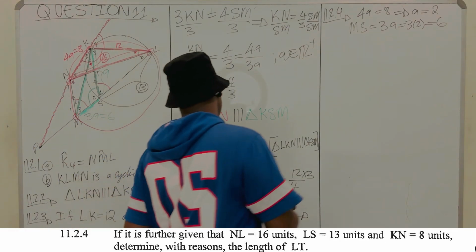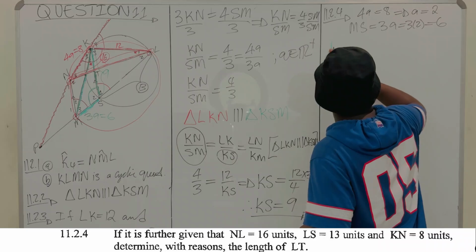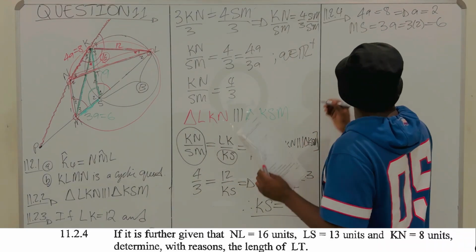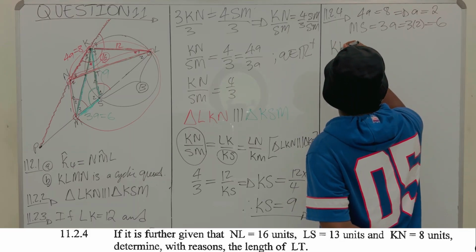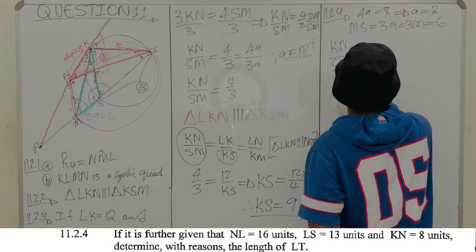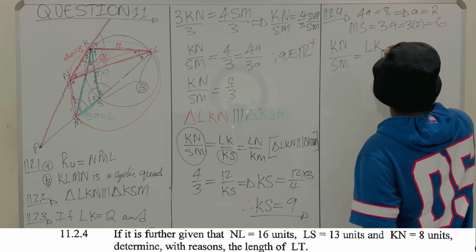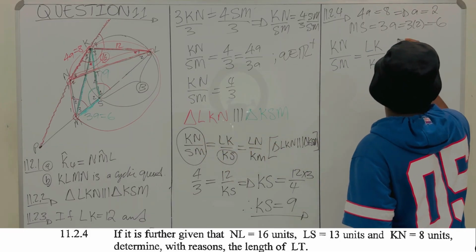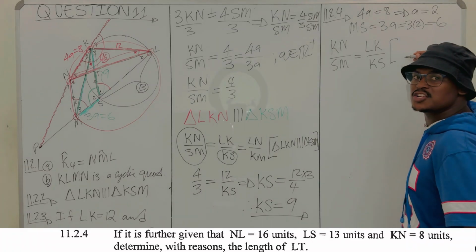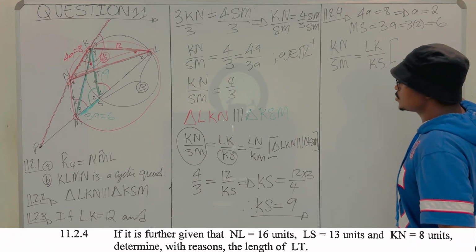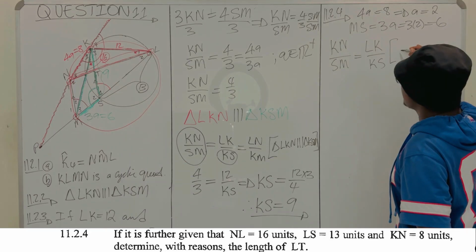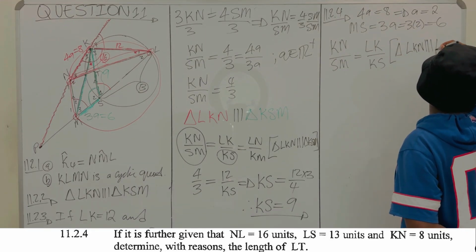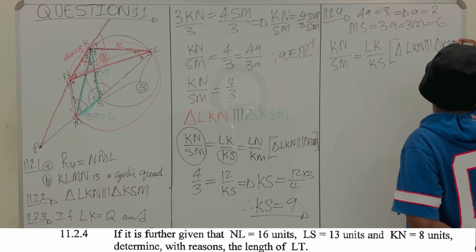So you can use this as well. I'm doing the same calculation. KN over SM is equal to LK over KS. Same ratios, same thing. Why? Because these are corresponding ratios of similar triangles. Or maybe you can just say triangle LKN is similar to triangle KSM.